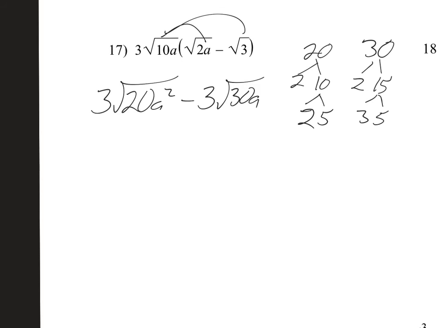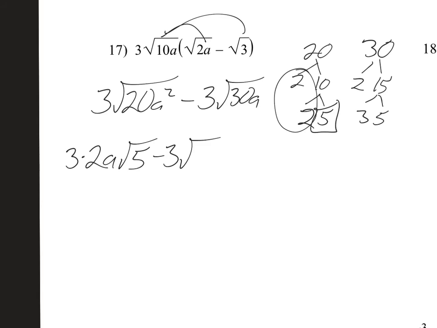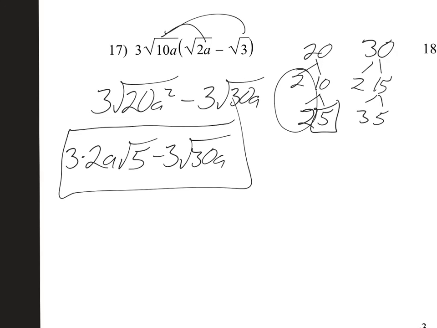So I can't do anything with that. So it looks like I'm going to have 3 times 2, because I have a pair of 2's right here. I had 2 a's, so that tells me I have 1 a on the outside, radical 5 from right here, minus 3 radical 30a, because I can't do anything with that. Oh, I can simplify this. 3 times 2 is 6a radical 5 minus 3 radical 30a.